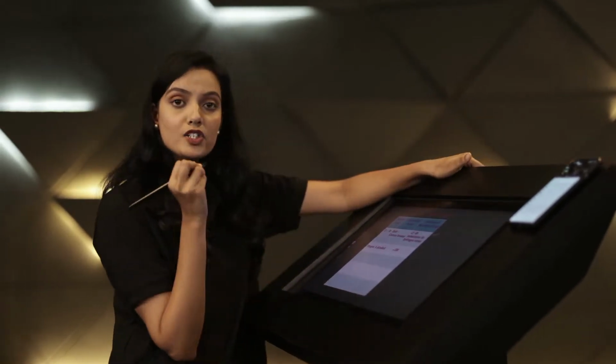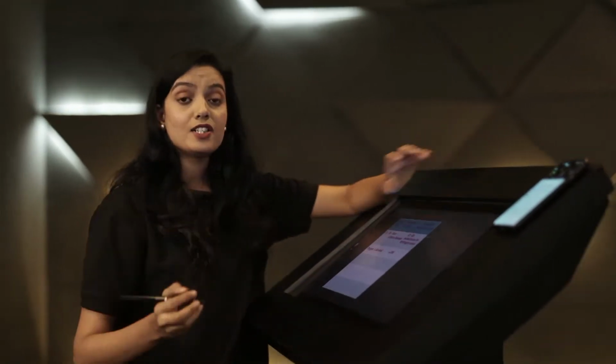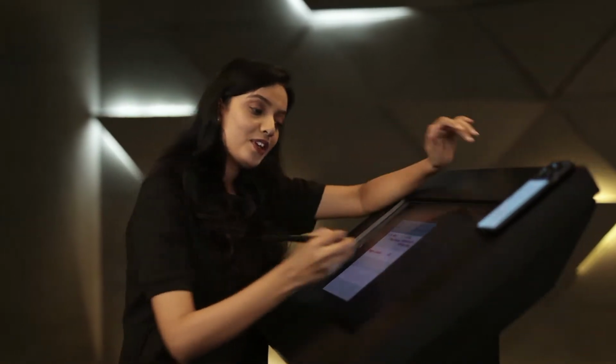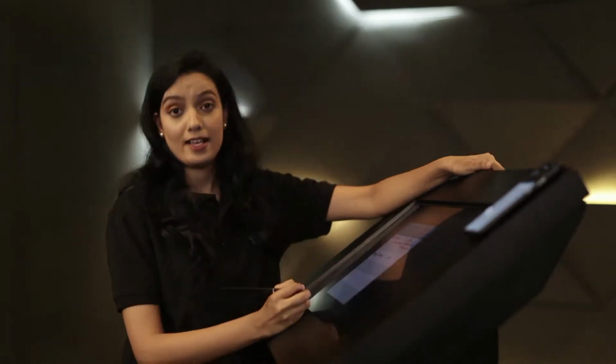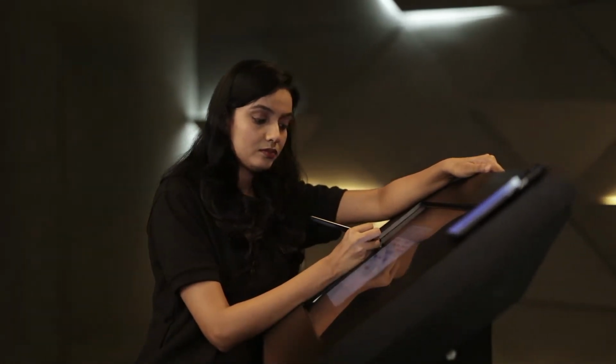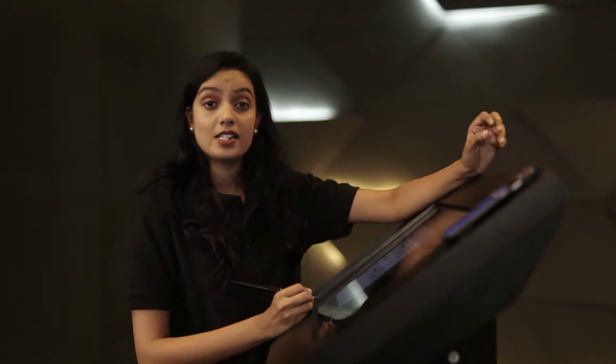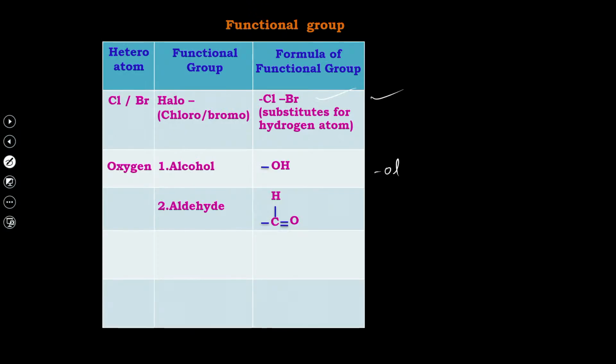The functional group is OH, and to name an alcohol we add the suffix OL. Then we have aldehyde. CHO is the functional group, and while naming them we add the suffix AL. Similarly, for ketones we use the suffix -one.